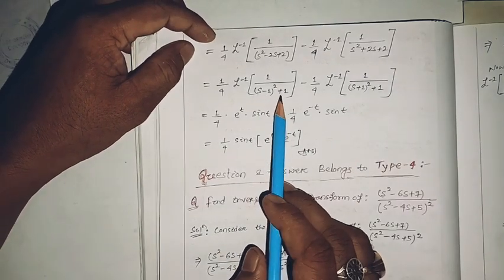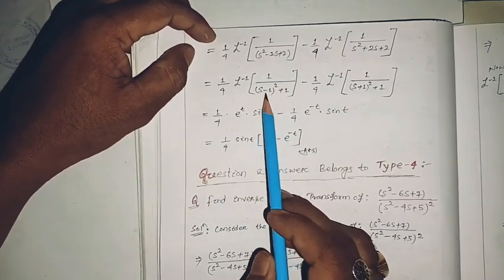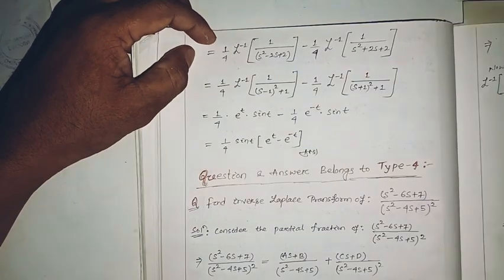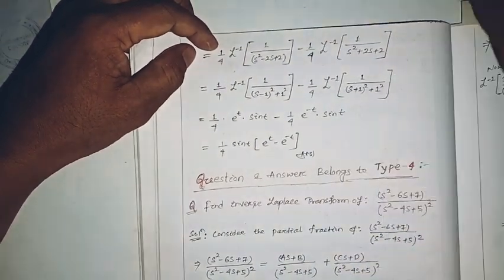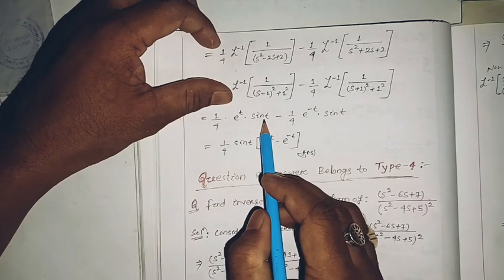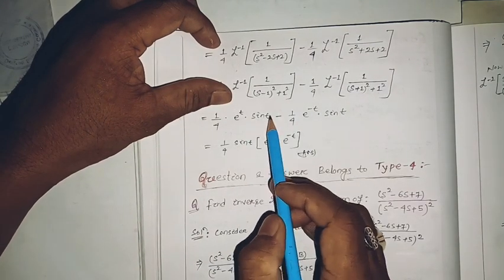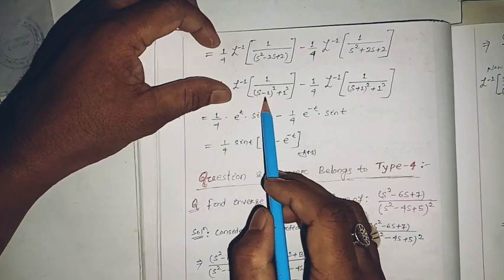So if we consider 1/(s² + 1), or this can be written as 1² itself, the value will be sin t, as a is 1. But as it is s - 1, it will be e^t as per your first shifting theorem.